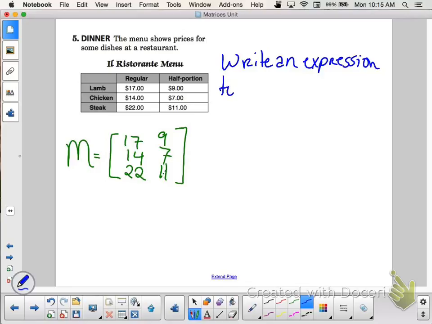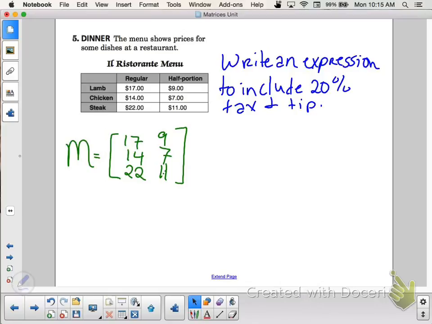So think about what we've done, adding our matrices, multiplying by a scalar, and I want you to think about writing an expression that will include 20% tax and tip.